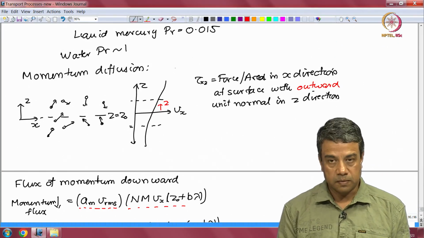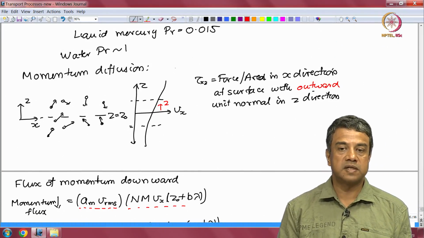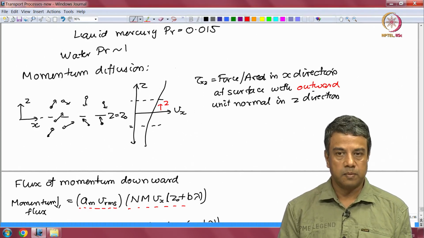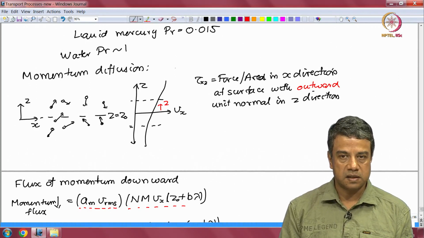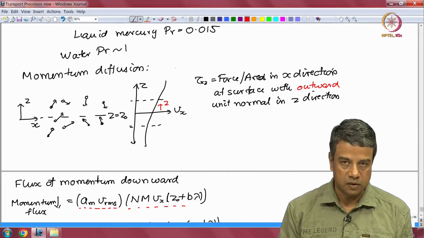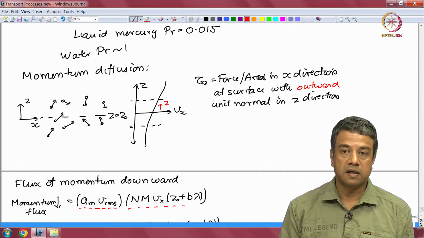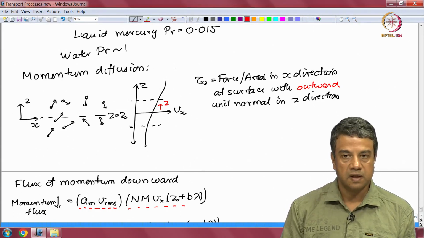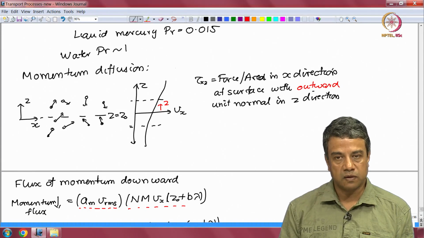So you are talking about the force exerted on the volume below, because the outward unit normal is in the plus z direction. It therefore increases the momentum of the volume below. If tau xz is positive, it increases the momentum of the volume below.